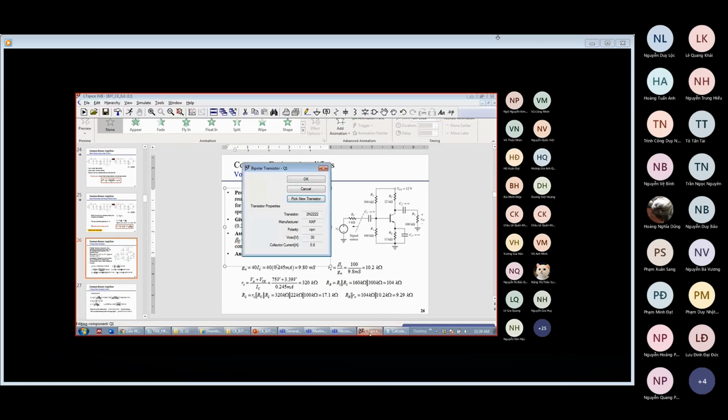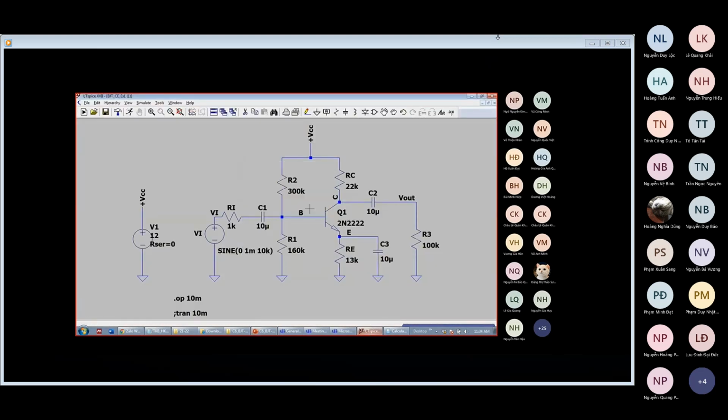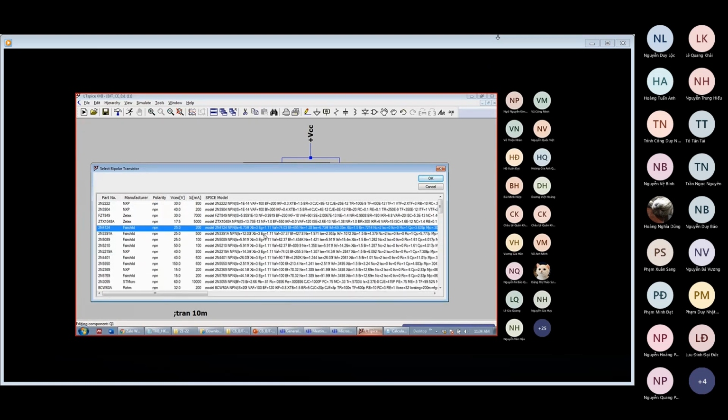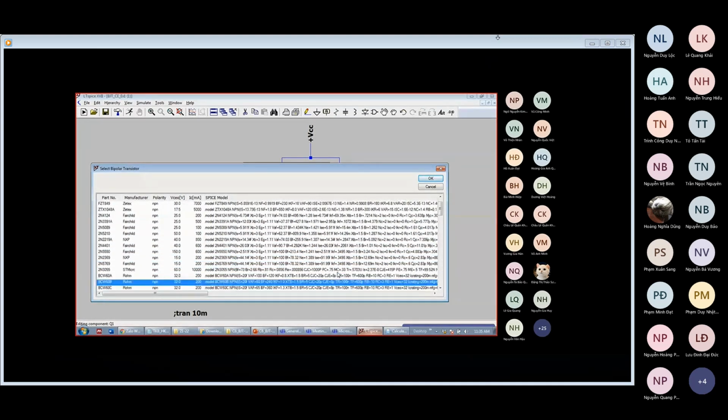That's why the error is very high. So I should choose a transistor with beta F around 100 to make the simulation more accurate.